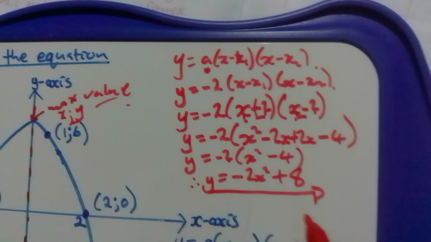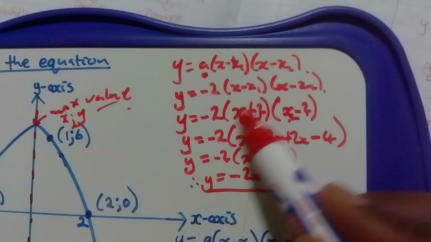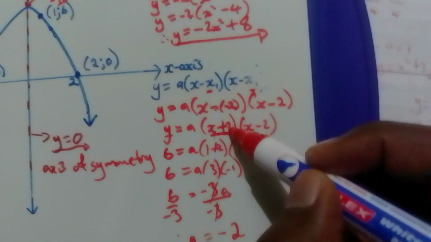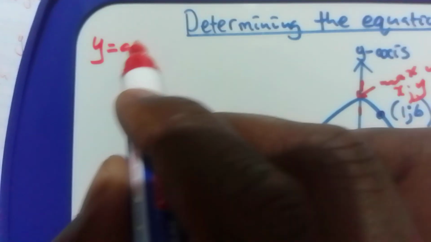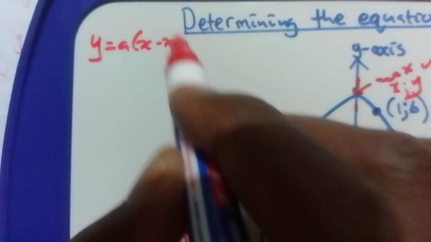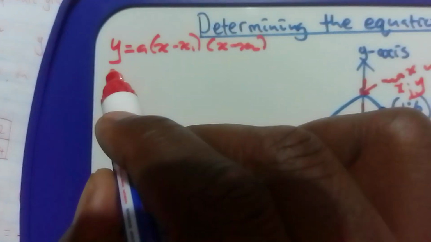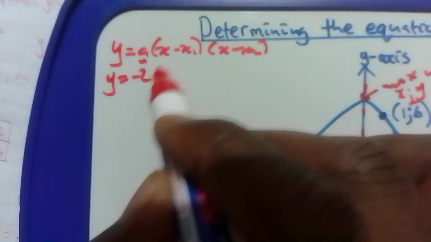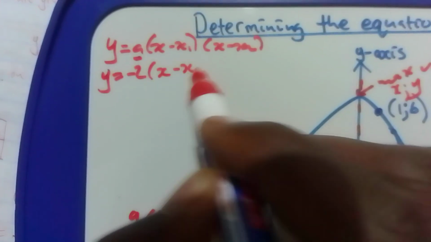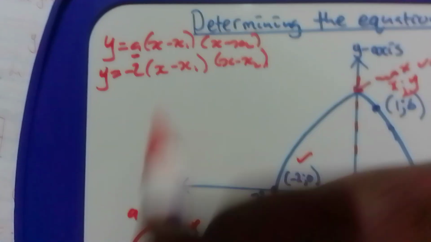But just to recap on something, if what I did here of saying x plus 2, this step may be confusing where I came to this step, you could also have written it like this. Remember, we said y is equals to a open bracket x minus x1 and x minus x2. So you could have said we found that a is equals to negative 2. So you say y is equals to negative 2 open bracket x minus x1 and x minus x2 like that.